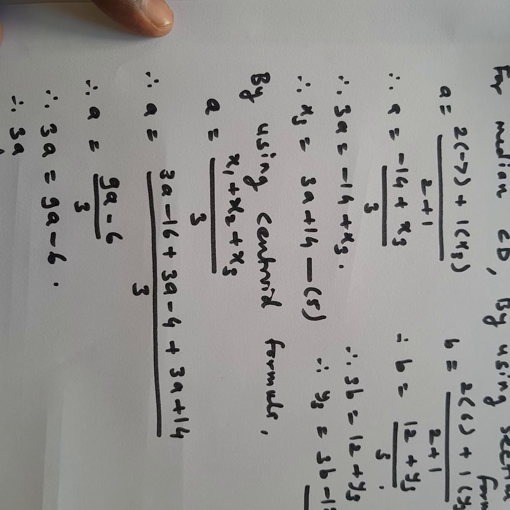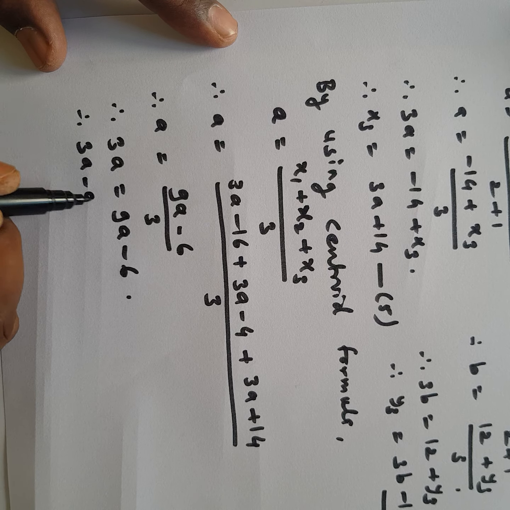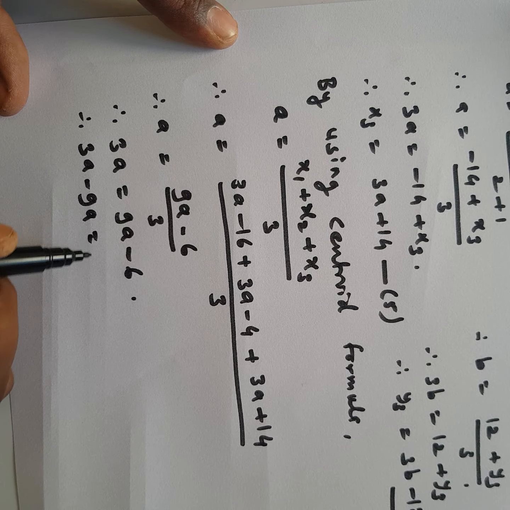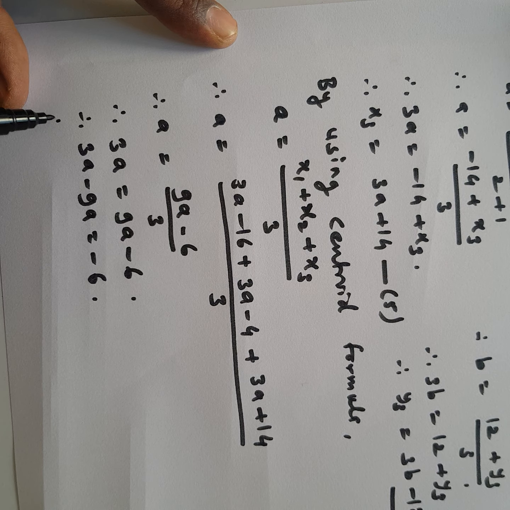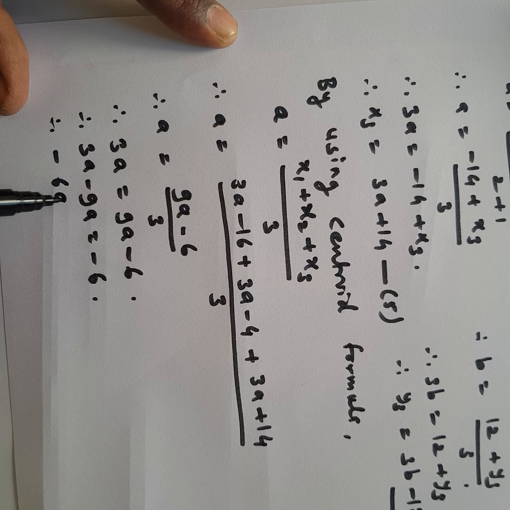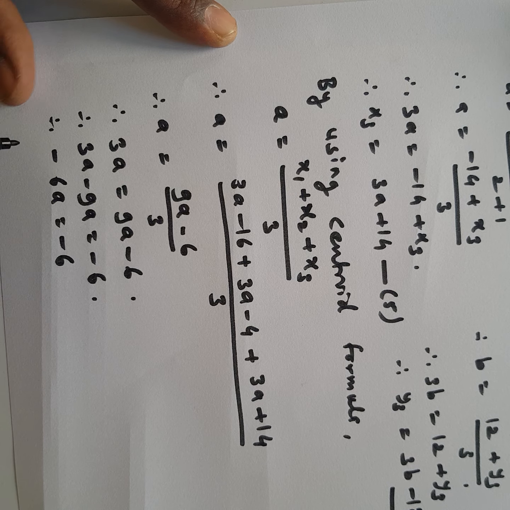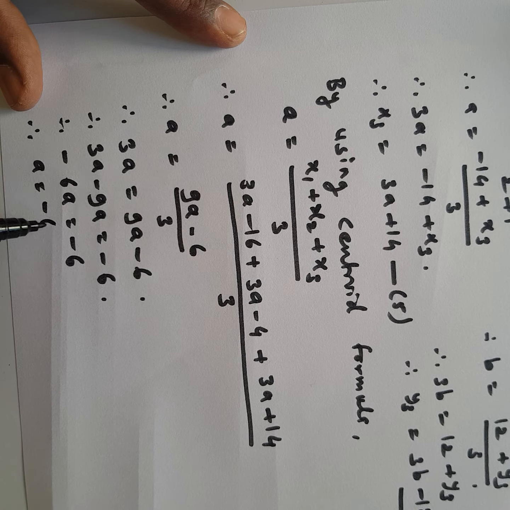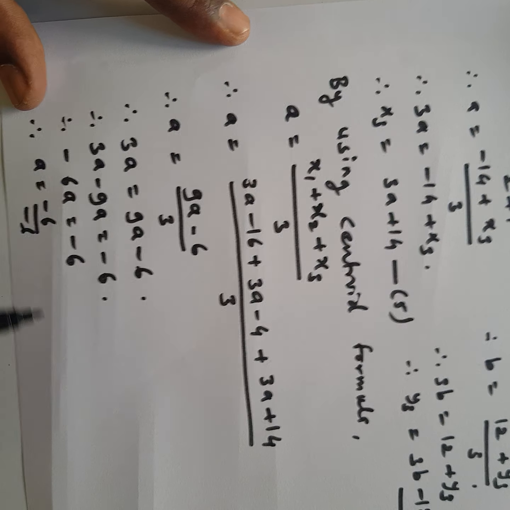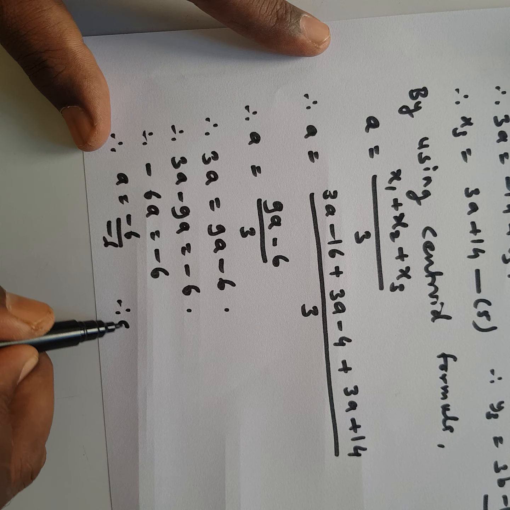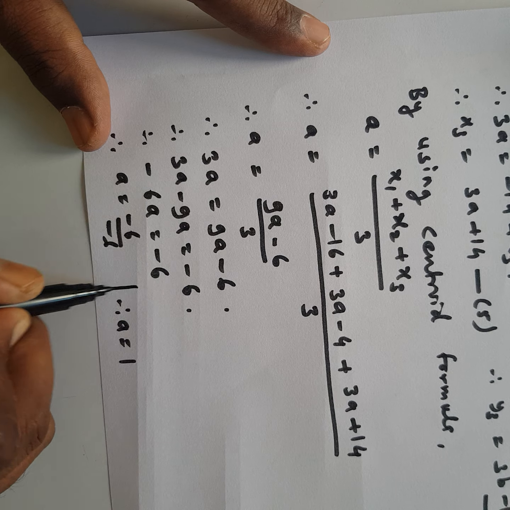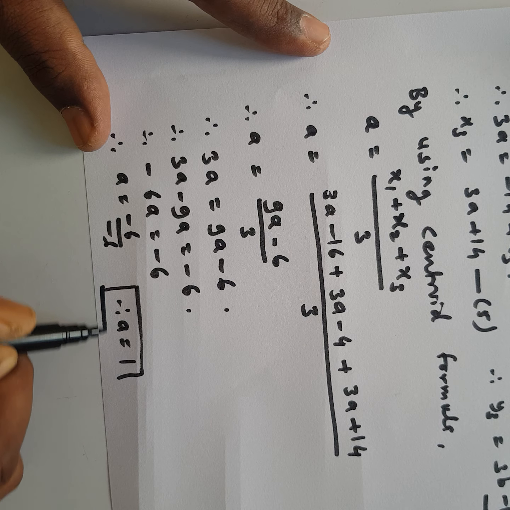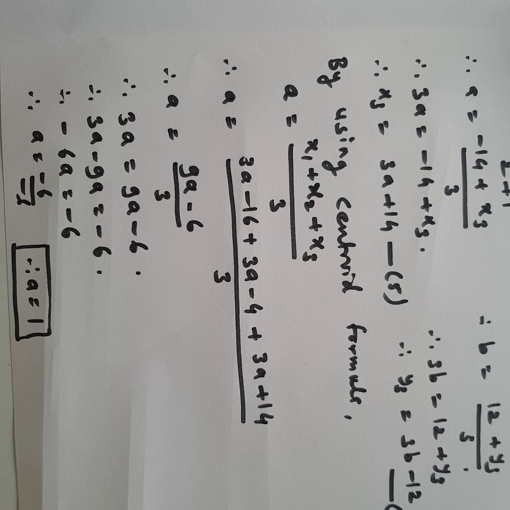Therefore 3a minus 9a is equal to -6. -6a is equal to -6. Therefore a is equal to -6 upon -6. Therefore a is equal to 1. Means the x coordinate of the centroid is 1.